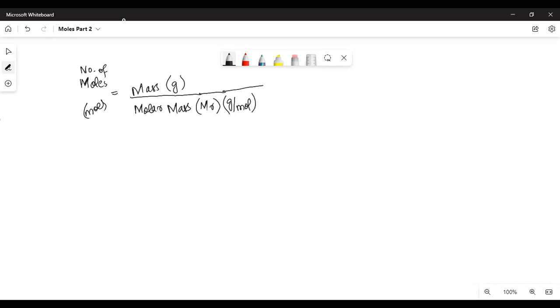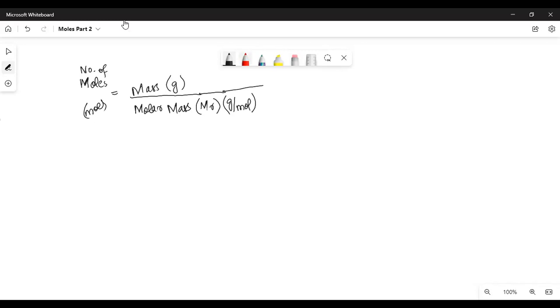You're familiar with the fact that Mr is always calculated from the periodic table. If you have the name or the formula, you can easily calculate it from the periodic table. So as soon as the question starts and you have the name or the formula, this denominator is not going to be a problem for you.